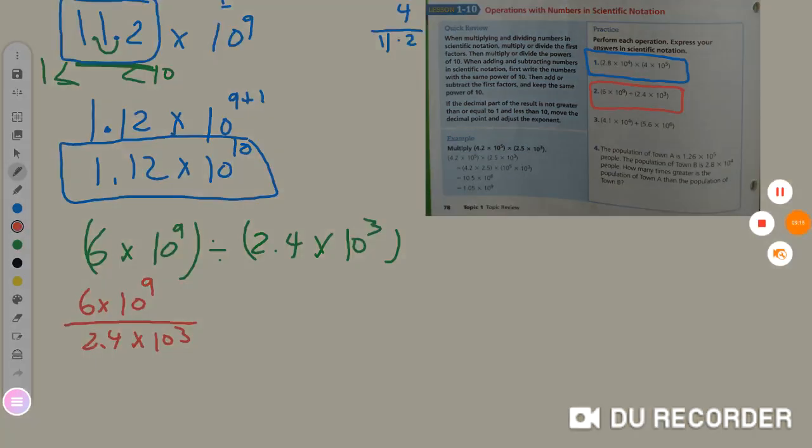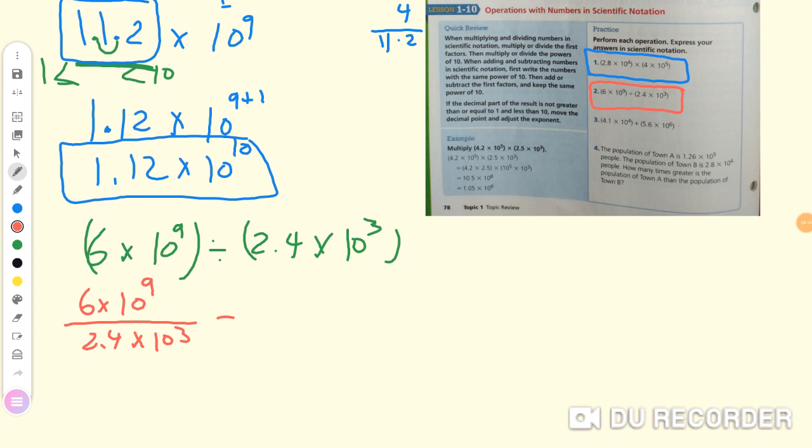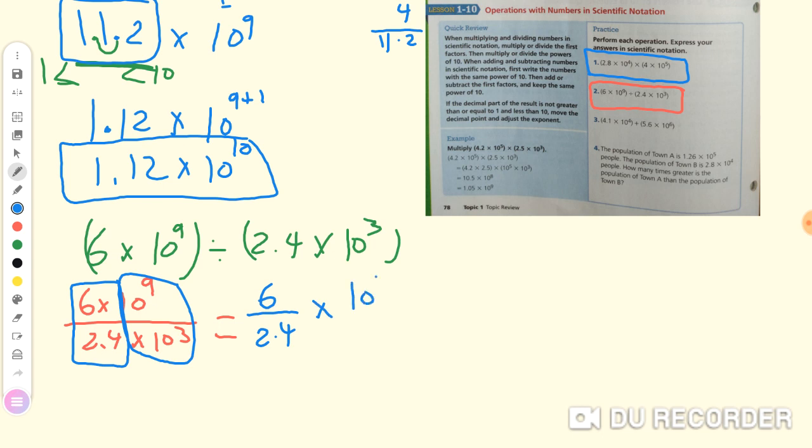So it will be equal to, I can take this part separately and this part separately because it's multiplied. So I can write it as 6 divided by 2.4, multiply 10 to the power 9 over 10 to the power 3.